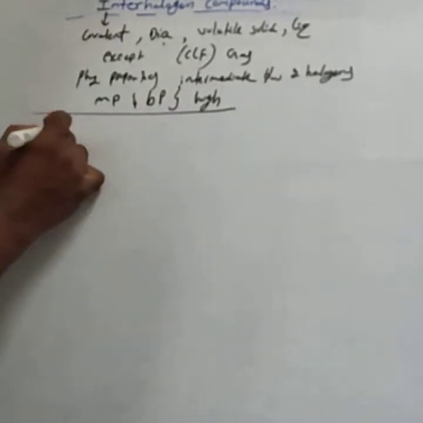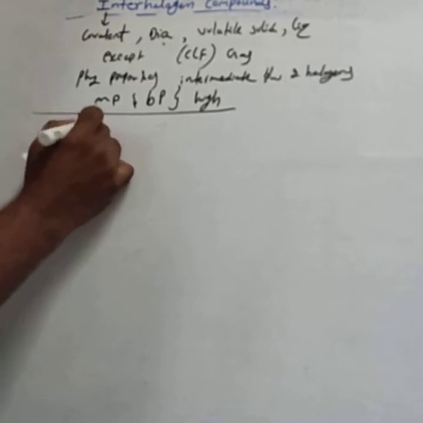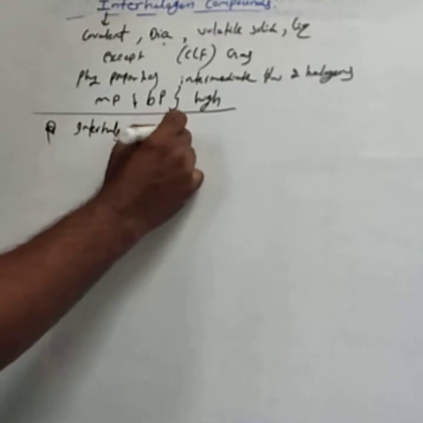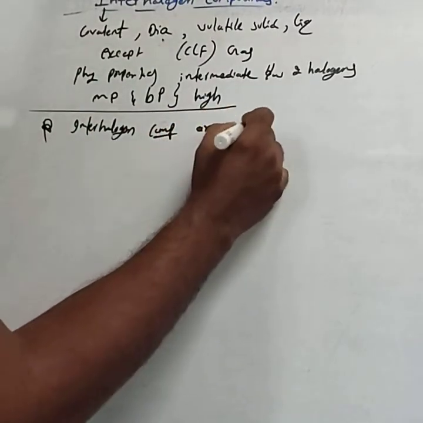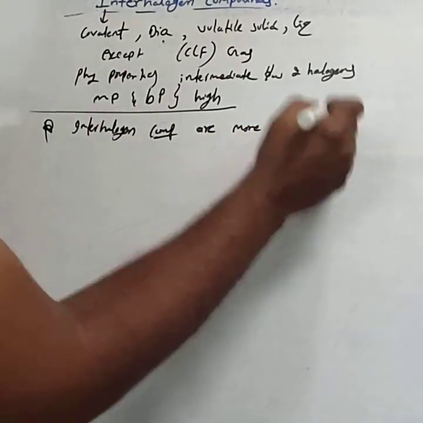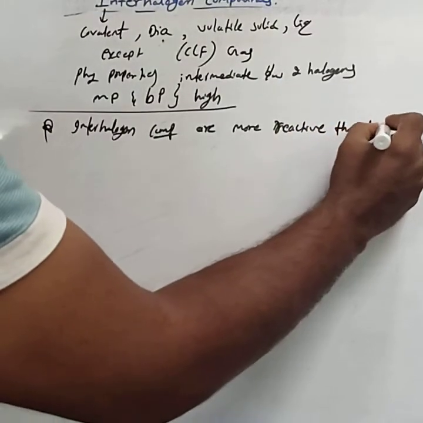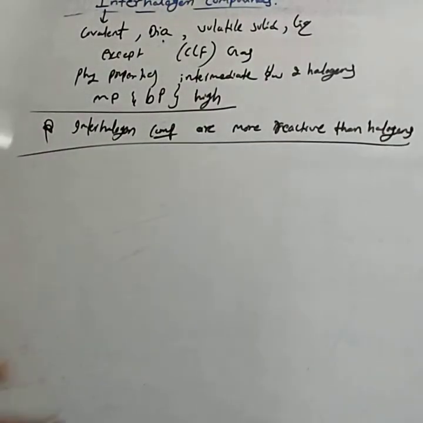Then a very important point: interhalogen compounds are more reactive than the halogens. Why are interhalogen compounds more reactive than the halogens?